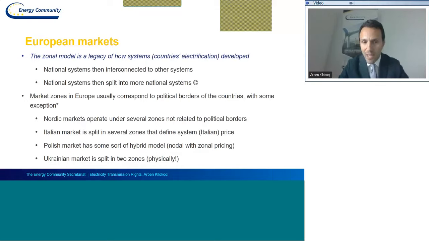Then you have the Italian market, kind of a hybrid, which on top of the zonal price has zones within the Italian market, despite the fact that you have the system price, which represents the Italian price. And then you have the Polish market, yet again another hybrid model. And then you have the Ukrainian market, which is split in two zones, but this is rather a physical split, so they are not synchronously connected with each other.